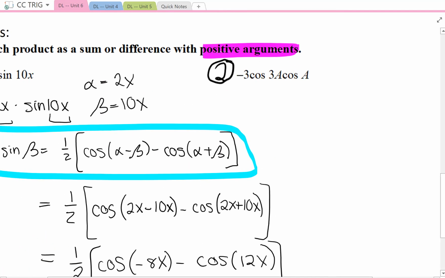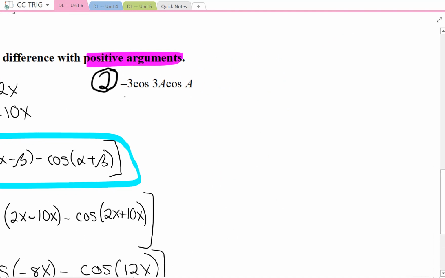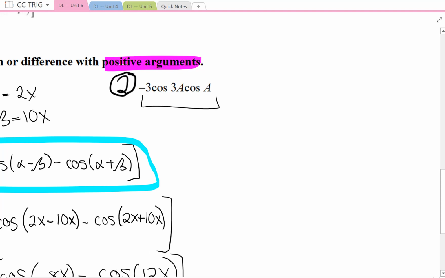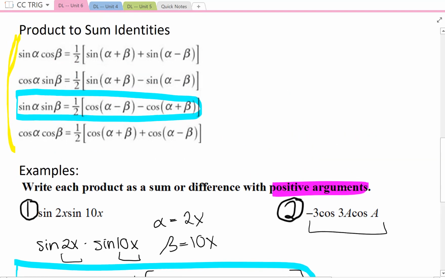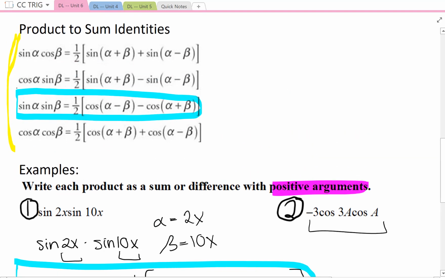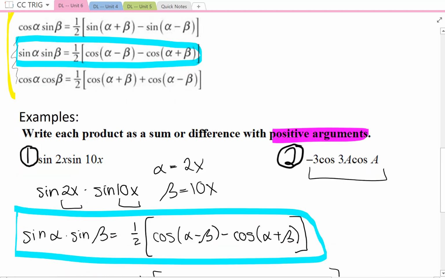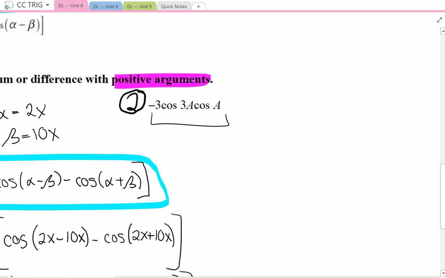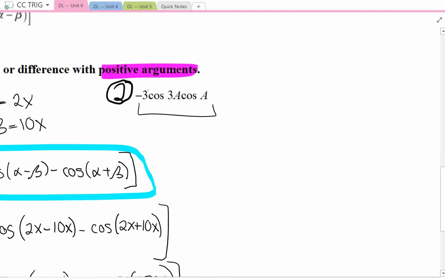And our final example is -3 times cosine 3a cosine a. Okay, none of our formulas have some number in the front of the product. So this -3 that's multiplied to the front, we need to take that and just put it off to the side.